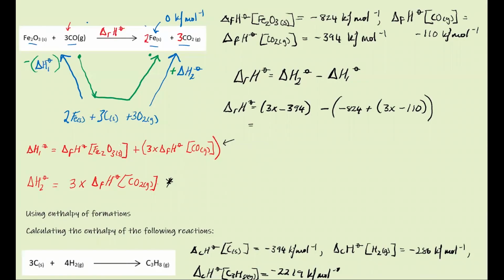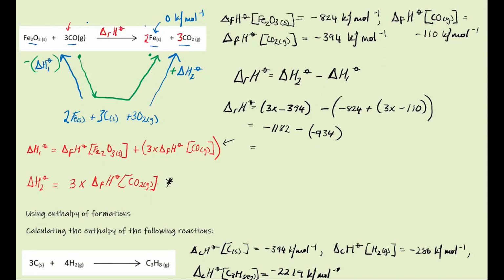So this comes to minus 1,182 minus minus 934 kilojoules per mole. So that's the sum of this bracket up at the top.